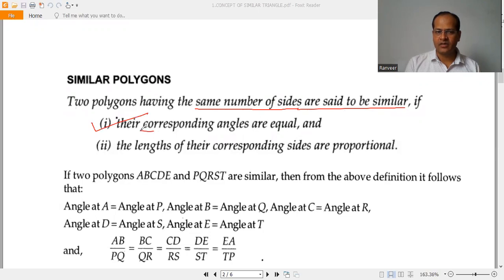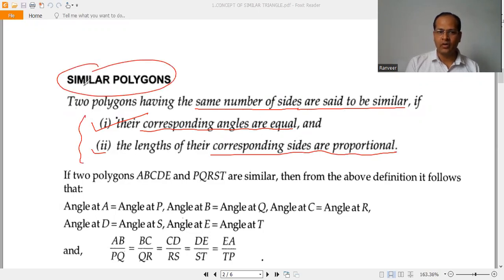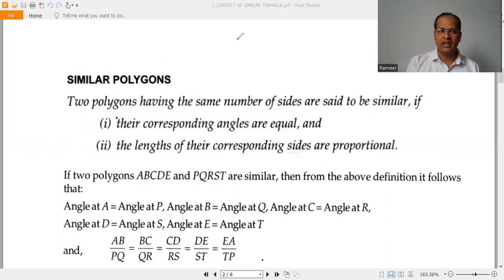First thing is their corresponding angles are equal, and second is the lengths of their corresponding sides are proportional. These are the two important things for similar polygons. So in this way, we can say similar polygon.